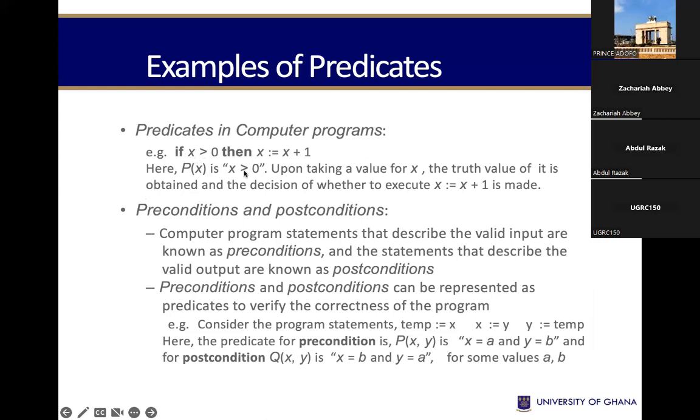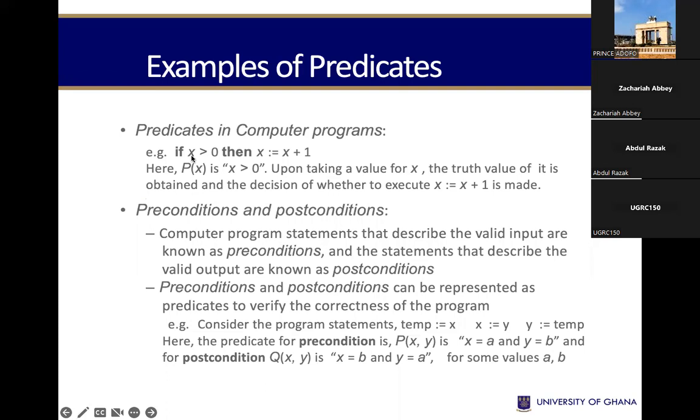That's a propositional function. Upon taking a value for x, the true value is obtained, and the decision of whether to execute this is made. So we can only execute x plus 1 assigned to x, provided the x value is known and it's greater than 0.